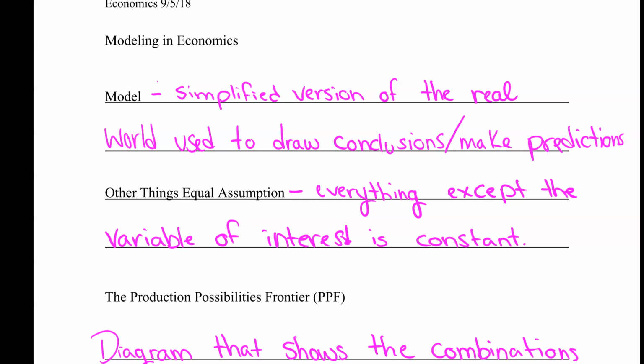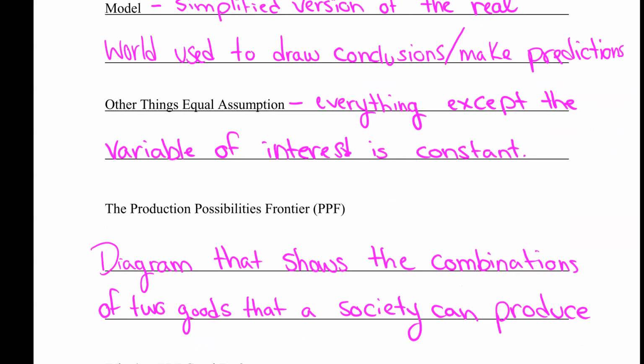The other things being equal assumption just means that everything except for the variable we're changing, we're just going to assume is constant. Right? So that assumption gets challenged sometimes, but that's going to be what we work with, because we only want to be looking at the impact of the variable we're changing, not at the impact of that variable and many others. So we're going to have to assume that everything else stays the same.